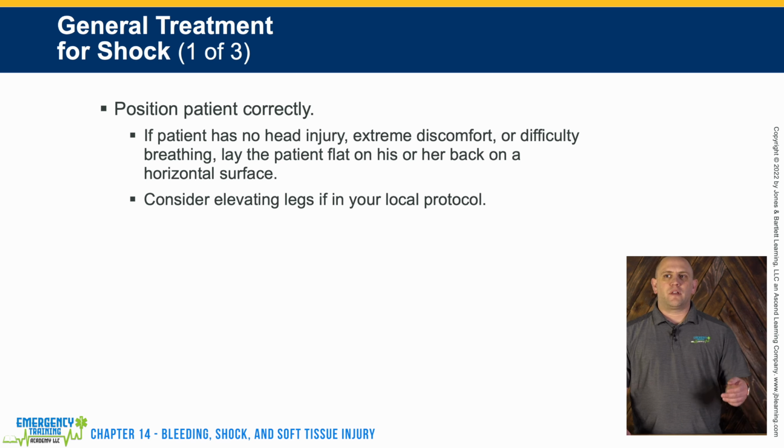All of these patients are going to need to be treated at a hospital, but you might be able to begin treatment in the field. Once again, the most common that we're going to end up treating is our external bleeding by putting on a tourniquet or some other method of direct pressure on that bleed.